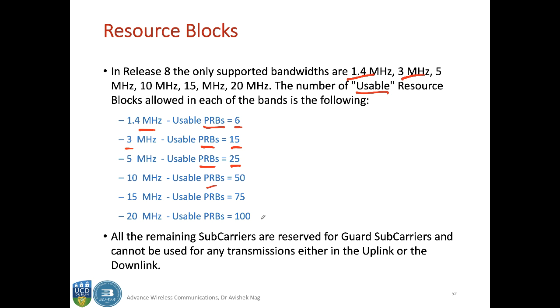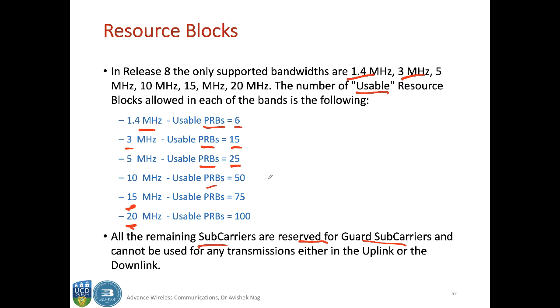Okay, so for the remaining, if you multiply these resource blocks with the number of subcarriers that they have, then that won't make these numbers. Okay, that will be less than these numbers. Okay, so the remaining subcarriers are actually reserved for guard subcarriers and cannot be used for any transmissions, either in the uplink or in the downlink case.